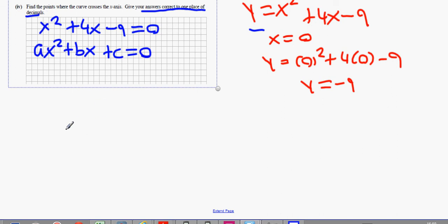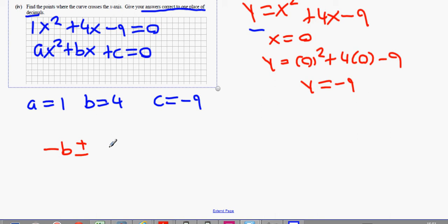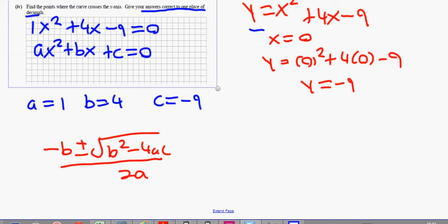Okay, so we're going to say that a equals 1 because whatever number comes in front of the x squared, b equals 4, and c equals minus 9. So we're once again going to do the minus b formula. Minus b plus or minus the square root of b squared minus 4ac all over 2a. And this is to find out what x is.